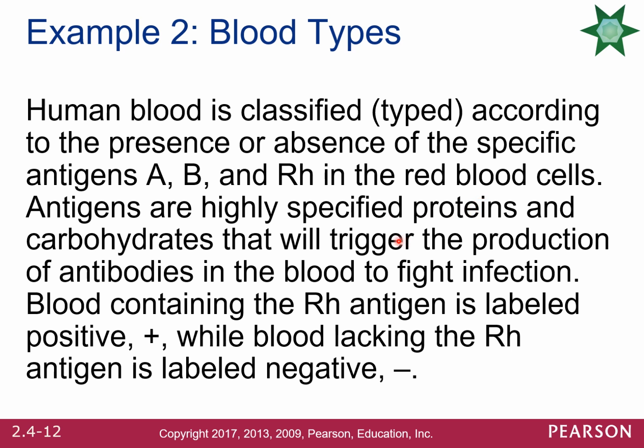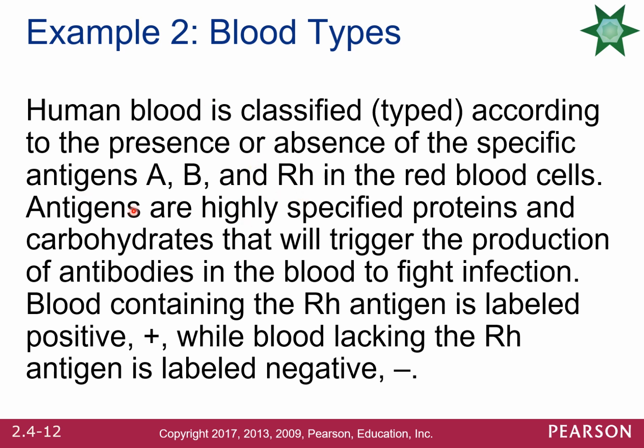So there are three types of antigens in our blood: A, B, and Rh, and they will represent three different sets. Now there will be some interaction between the three sets to form more variations of the blood types.